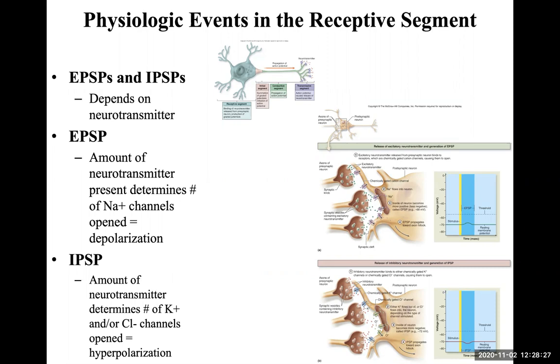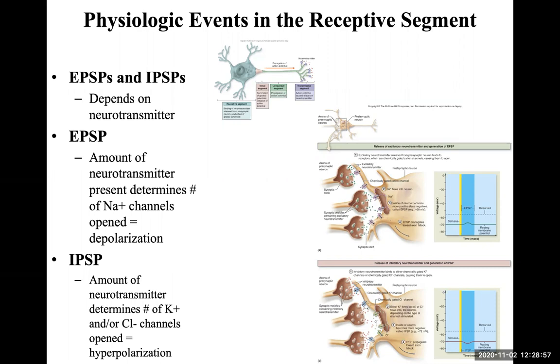And then inhibitory postsynaptic potentials are due to the opening either of the chemically gated potassium channels or the chemically gated chloride channels, because the opening of either of those channels is going to result in the movement of the membrane potential in a more negative direction, which will make it harder, if you will, to reach the threshold value that's required to generate an action potential.